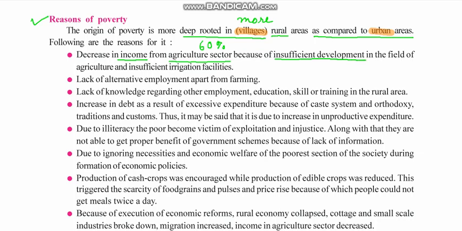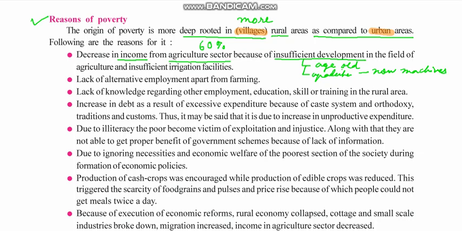Now why does the decrease in income come? It is due to the insufficient development. If you see, then the agriculture that we are doing is age old, and not according to the new techniques. We are not following the updates, and no new machines are introduced.